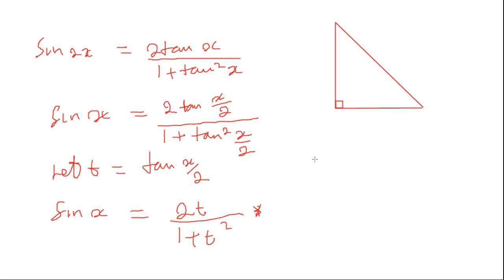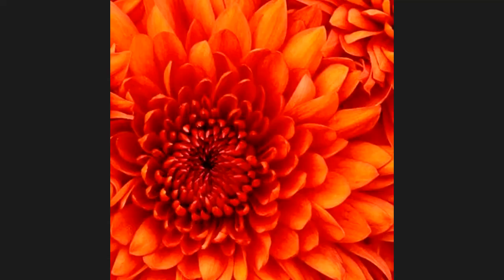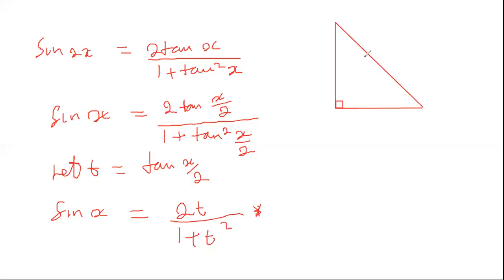So that would be our right angled triangle, where we can now write our angles. So this longest side here is, because if this is x, the angle, this is the adjacent, this is the hypotenuse. Sine is the same as opposite over hypotenuse. So the opposite is 2t, then the hypotenuse is 1 plus t squared.